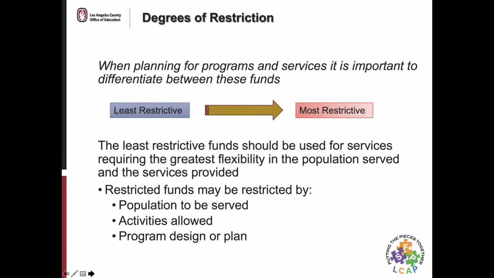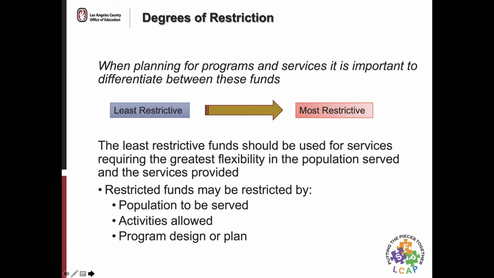So under federal transferability, you can transfer funds out of Title II, which is primarily professional development, a fairly flexible but restricted funding source, or Title IV, which has become even less restrictive this year with the waivers. You can transfer funds out of it, but where can you put those funds? Into either of those programs or into Title I or Title III.